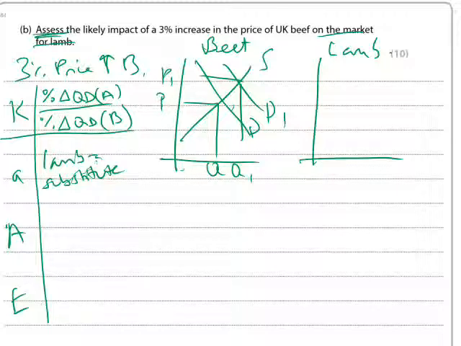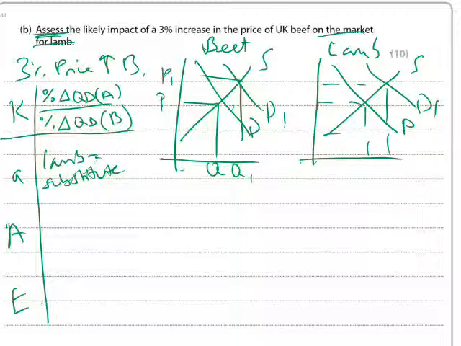And that diagram to show an increase in demand for lamb as well, due to the substitution effect.